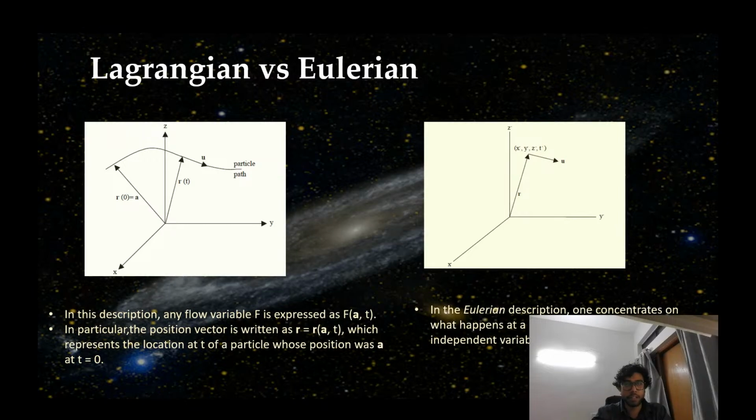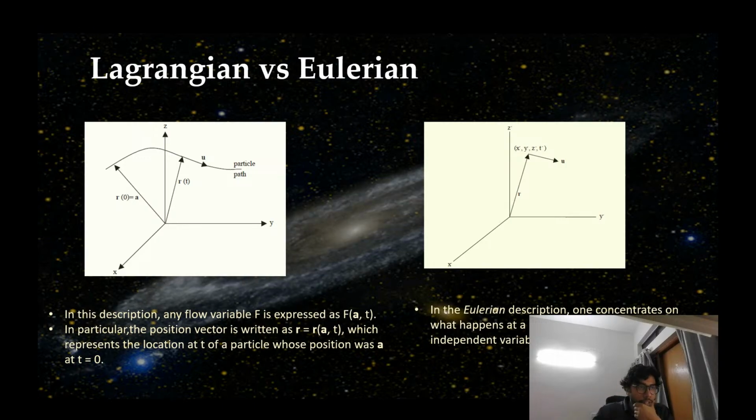I don't care. I'm just focusing on this patch, and I'm calculating the velocities of all the particles that are going through that patch. But remember that when you are focusing on that patch, the particles that are coming in and going out will be changing every moment. You're not focusing on a particular particle. You're focusing on a particular patch. The particles inside that patch will keep on changing with time, right?